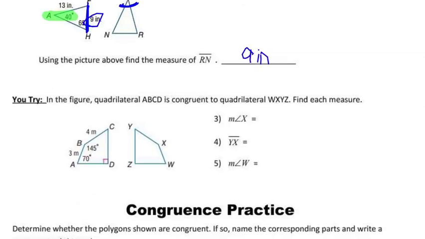I want you to find the measure of angle X, the measure of line segment YX, and the measure of angle W. So the measure of angle X matches up with the measure of angle B, and angle B is 145 degrees. YX, which is here, matches up with, and I have to read it backwards, CD, which is here.